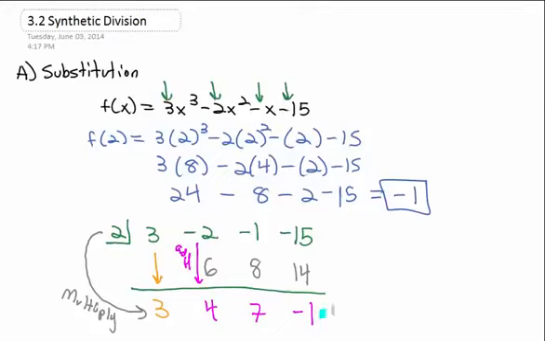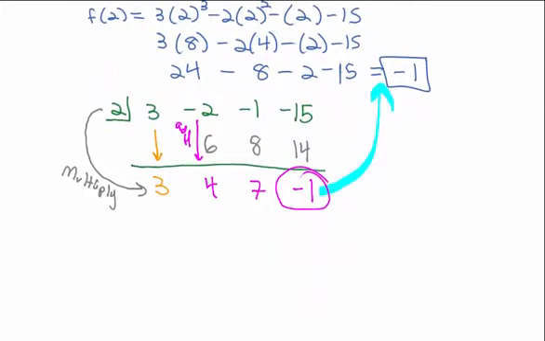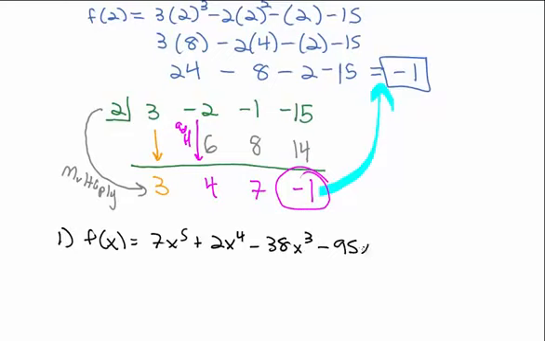And what I want you to notice is this last number we ended up with is the same number that we ended up with when we plugged in the 2. This process was probably much easier to work with, especially if we were doing a problem such as f of x equals 7x to the 5th plus 2x to the 4th minus 38x cubed minus 95x squared plus 6x minus 9.